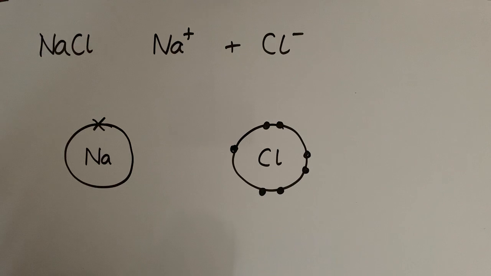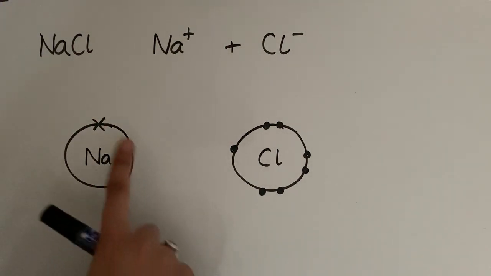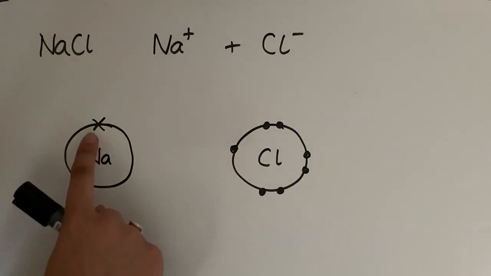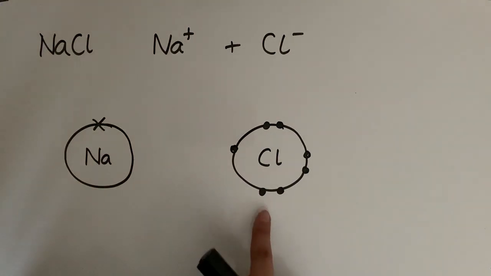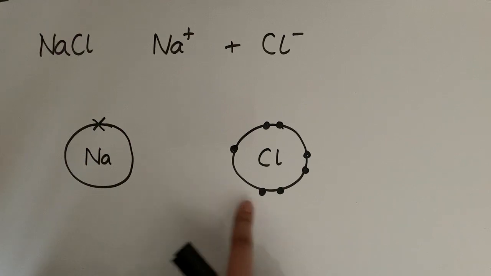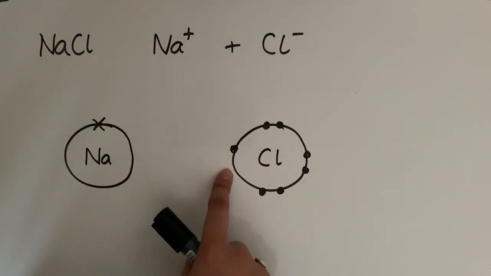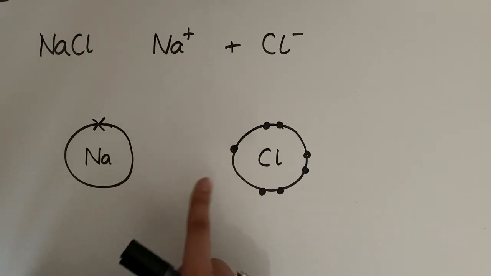To get a full shell, because that's the aim of every atom, to get a full shell or an empty outer shell, our sodium is going to lose this electron. And our chlorine, to get a full shell of 8, is going to gain 1 electron.